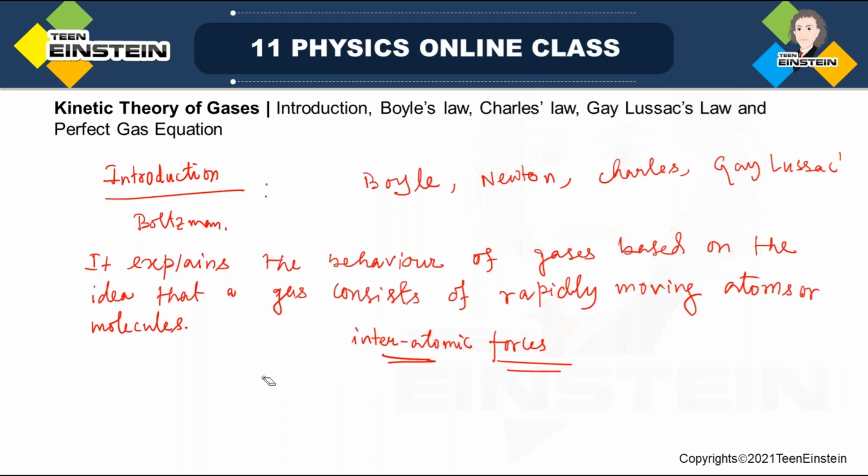Otherwise, also for other gases, these interactions are neglected. Then only gas can rapidly move here and there. In case of solid, atoms or molecules are placed very nearby, but in gases the molecules are far apart from each other compared to solid and liquid. That's why the interatomic forces can be neglected, and the atoms or molecules can freely move.